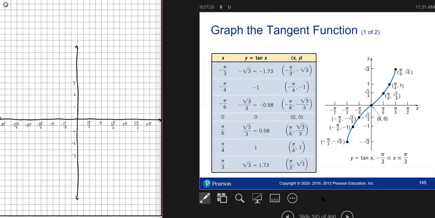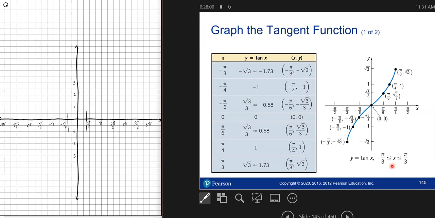Here they graph some of the function values between negative pi over 3 and pi over 3. Please realize that this graph shows a limited domain. They're only going from here to here.